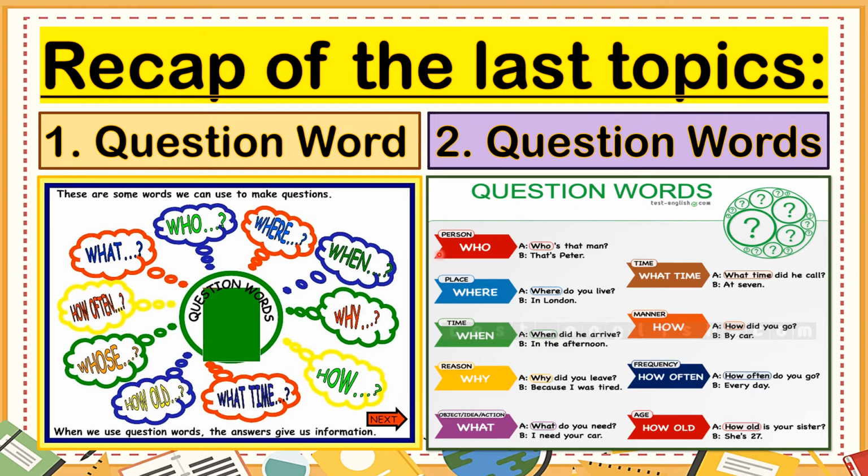Like who answers the question about person, where answers questions about place, when answers questions about time, why answers questions about reason, what answers questions about object, idea, or action, what time answers questions about time, how answers questions about manner, how often answers questions about frequency, and how old answers questions about age. So these were the two topics that we have discussed last week.